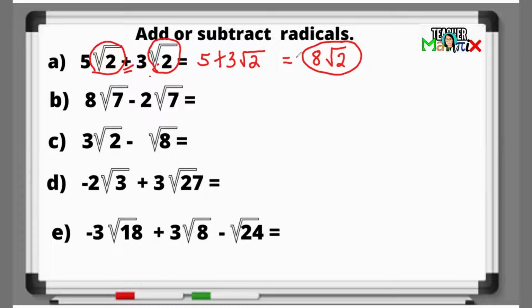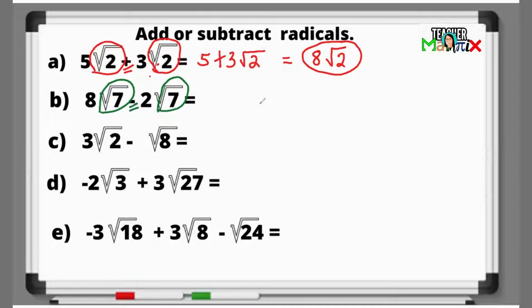For the second problem in letter B, 8 square root of 7 minus 2 square root of 7. Okay? The same radicand. And the operation that is indicated here is subtraction.